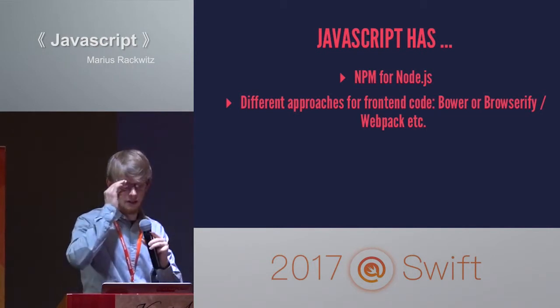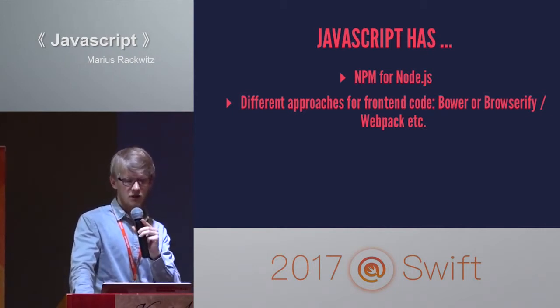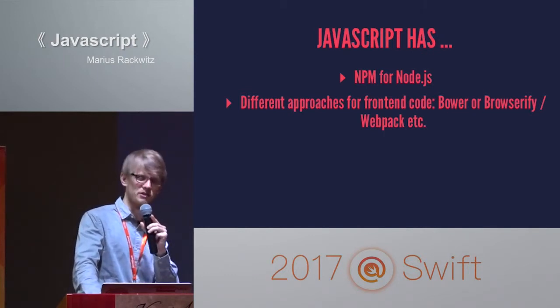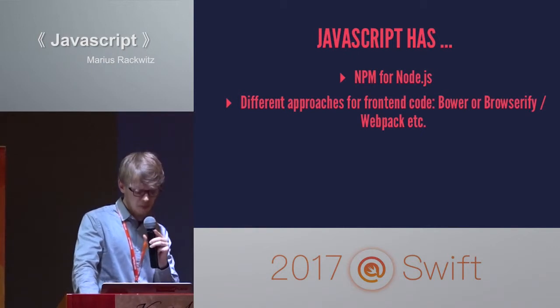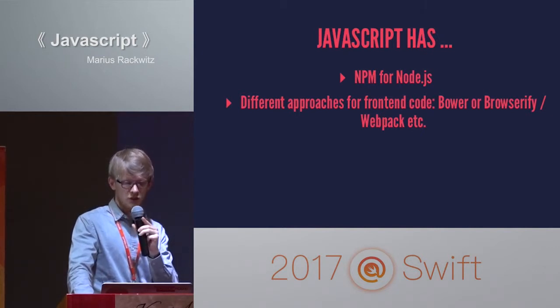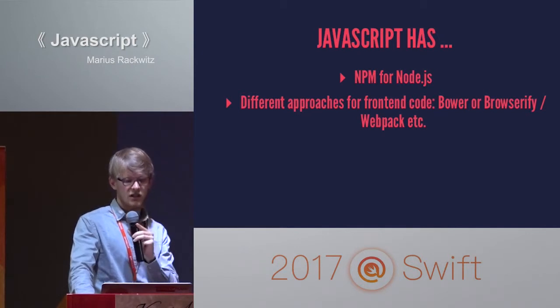Also in other scenarios, NPM is just the biggest registry of JavaScript packages, and so probably also the biggest registry of code in general. And to ship code for other platforms or your dependencies, there exist different approaches around that.